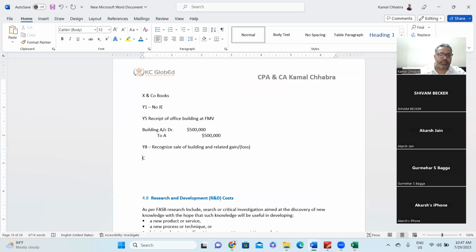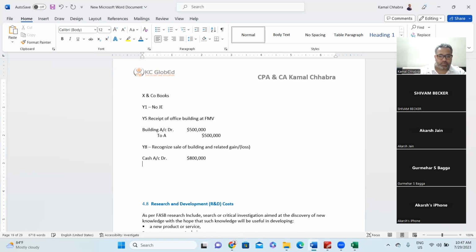How much cash are they receiving? 8 lakh. To building account, how much? 500?